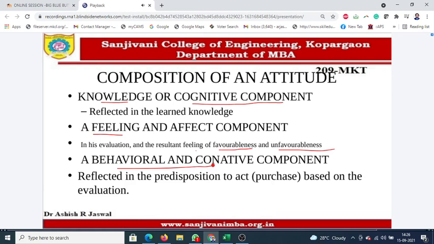Behavioral component काय दाखवतो? It is reflected in the form of purchase based on evaluation. जर favorable त्याची feeling असेल तर it will land up with the purchase.